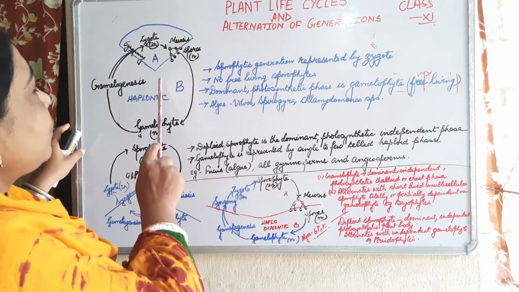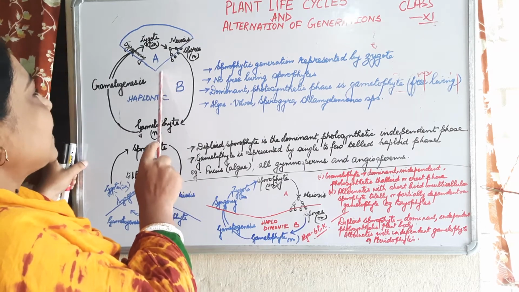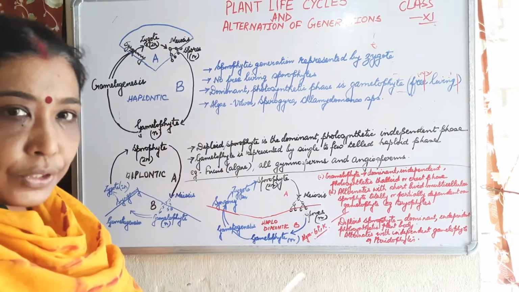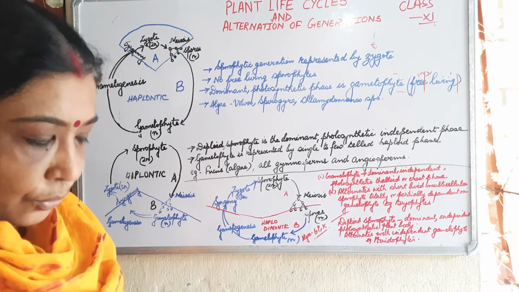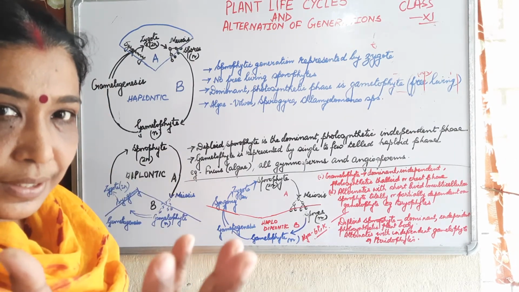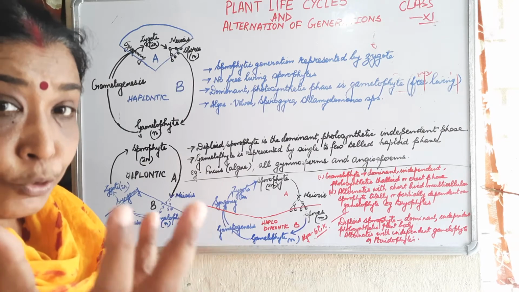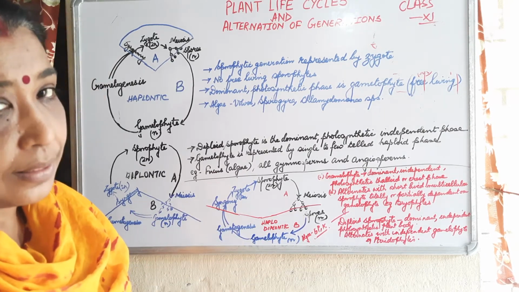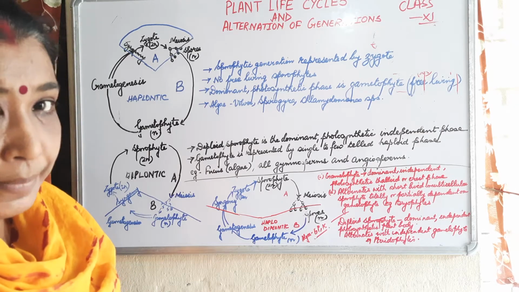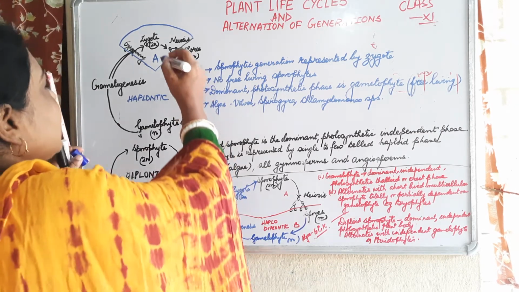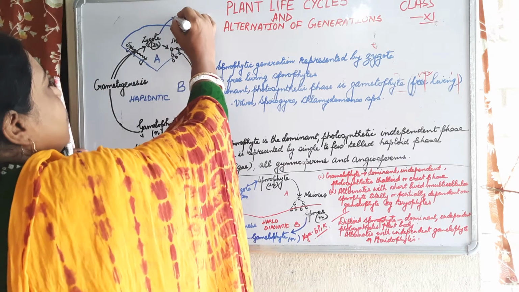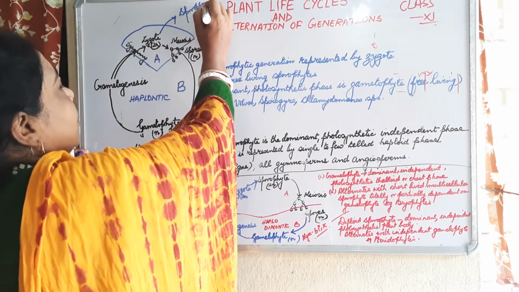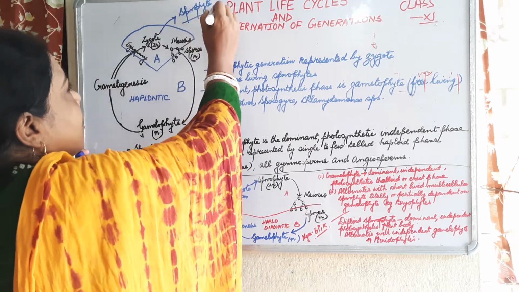What I told you just now is that this zygote, formed by the fusion of gametes n plus n, becomes 2n. So this zygote is going to give rise to the sporophyte.